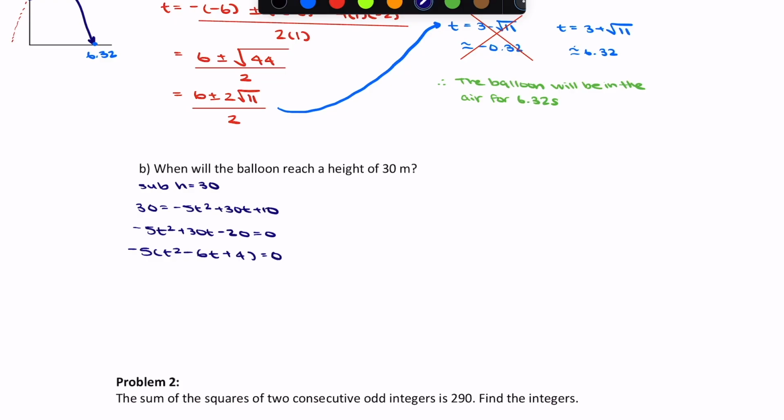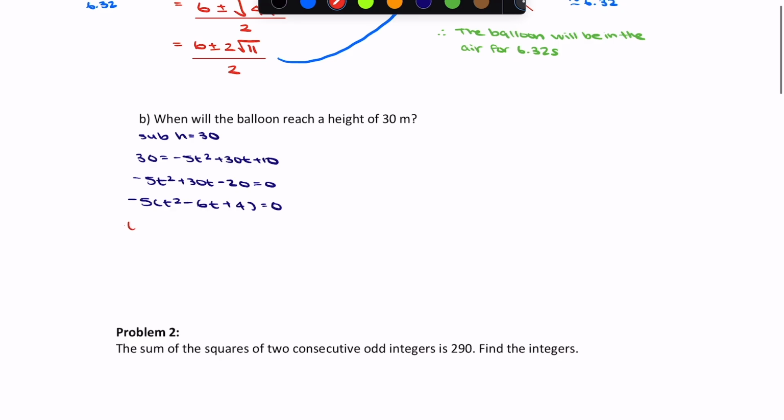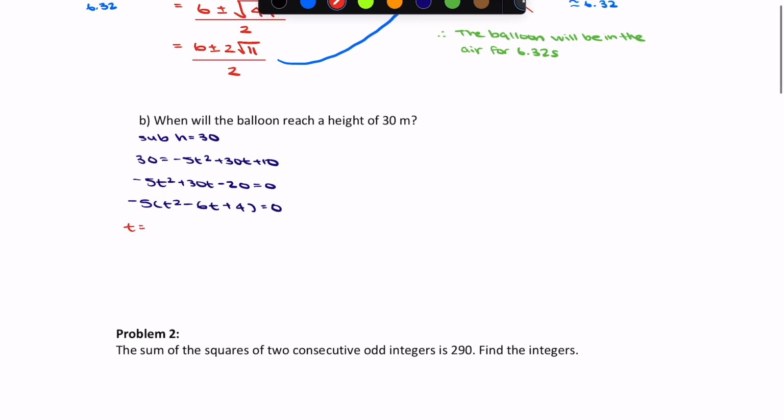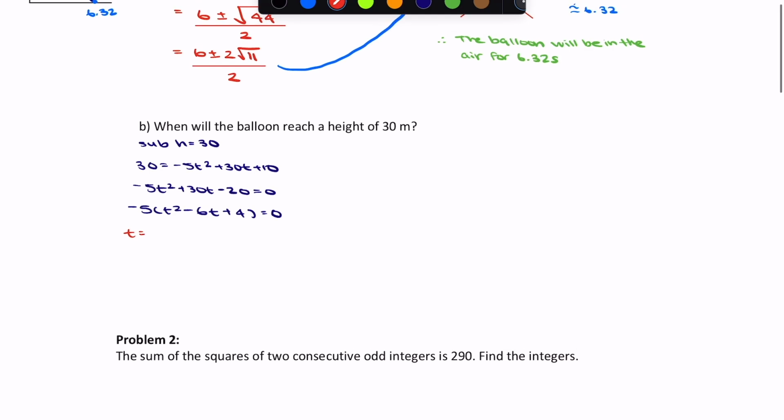Again, t squared minus 6t plus 4 is not factorable, so again, we're going to have to use our quadratic formula. So here we have t is equal to, again, negative 6 plus or minus the square root of b squared. So negative 6 squared minus 4, a which is 1, c which is 4, over 2a, or 2 times 1 here.